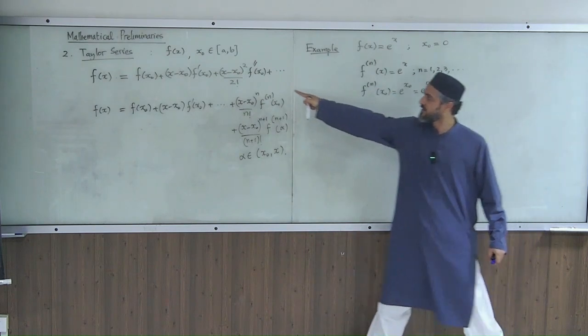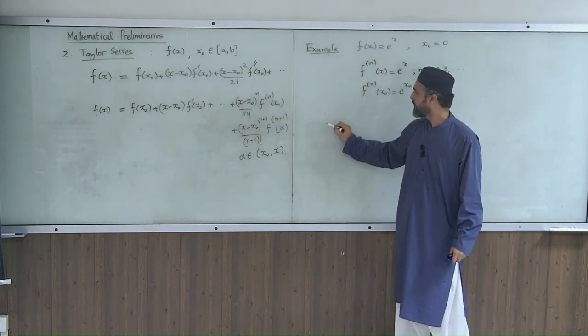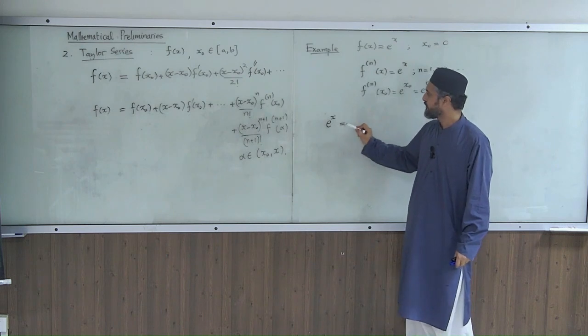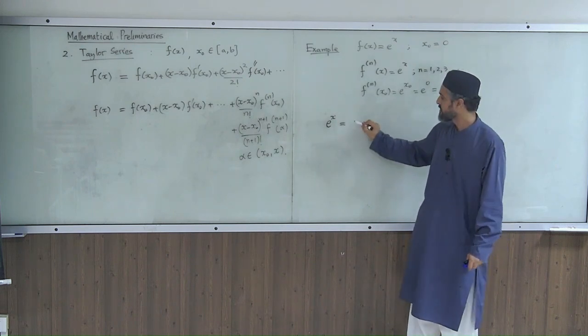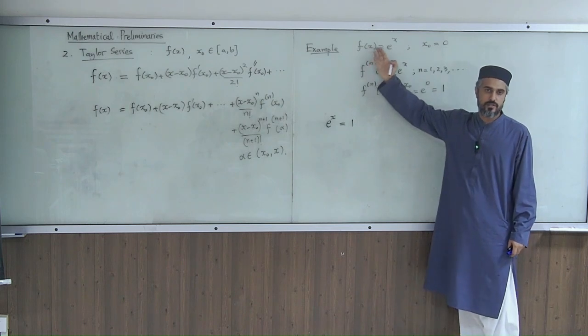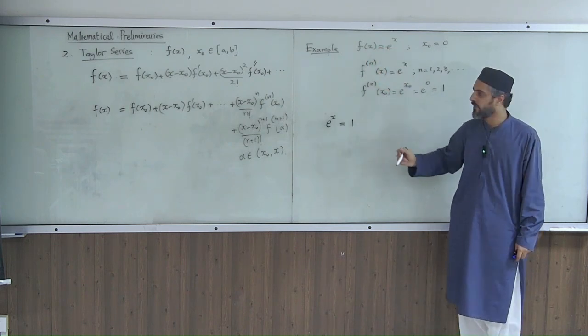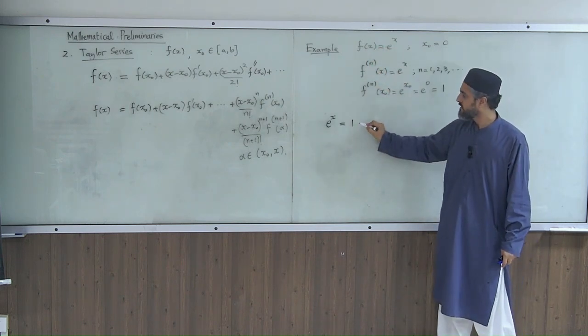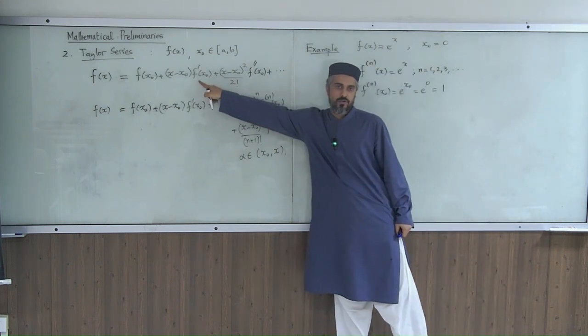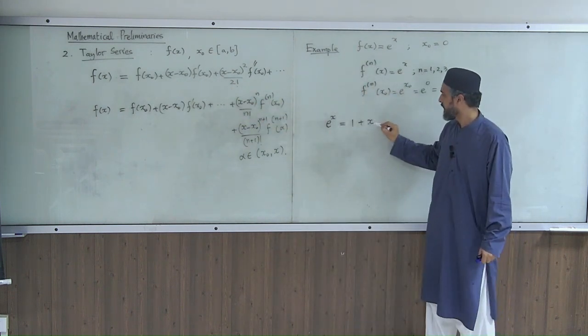Now if I use the value x naught in the generic form with the derivative values as we evaluated, let me just write the generic form. So f of x, which is e power x, is equal to f of x naught, which is 1, because if I just evaluate x equals x naught, it is e power 0, it will be 1. So this is 1 plus x minus 0 into 1, so it is simply x.